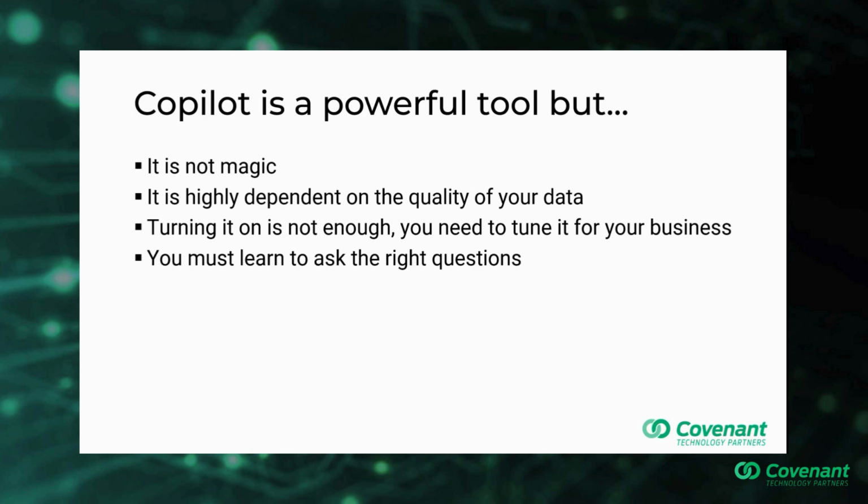It is extremely dependent on the quality and the availability of the data within your environment. So just having Copilot is not enough to make it useful. That's where we go in this next section: what do you do to optimize Copilot to actually get the most out of it?